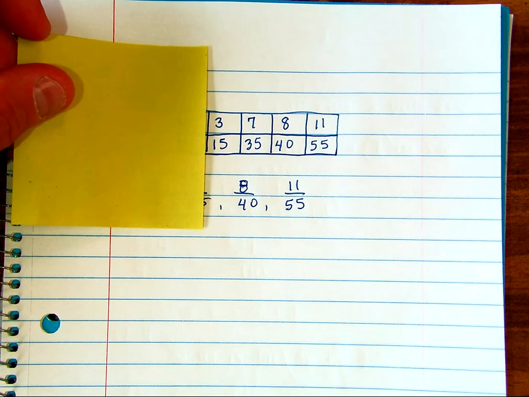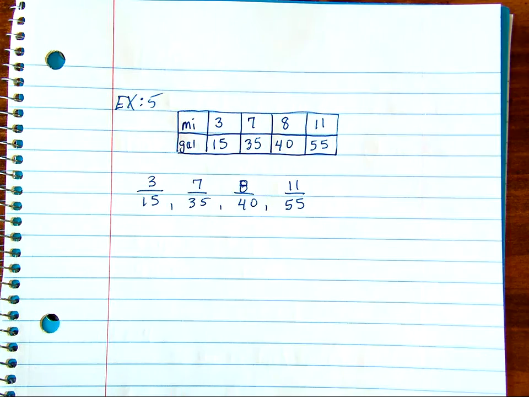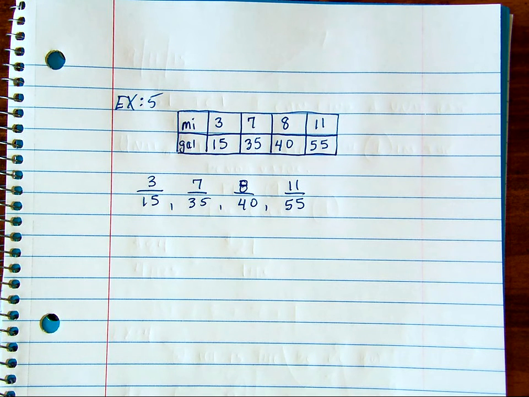And no matter which one of these values I choose, 3 divided by 15, 7 divided by 35, and so on, what's my answer? You need to use a calculator. Okay? It's definitely not 5 miles per gallon.